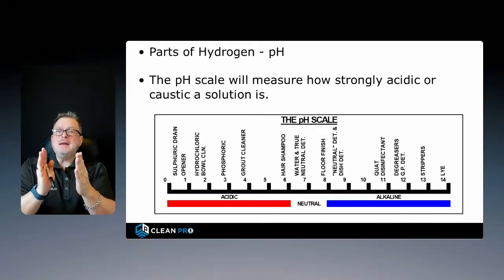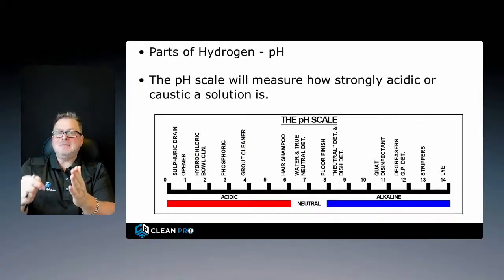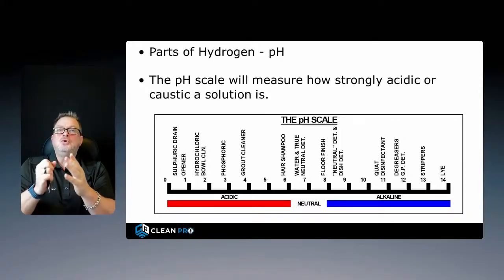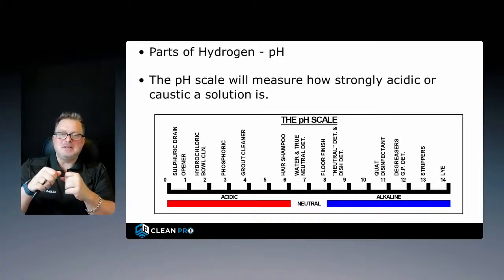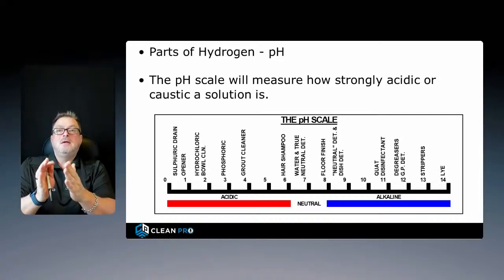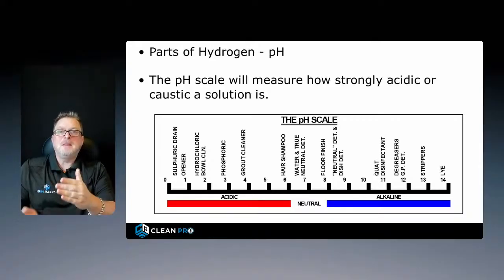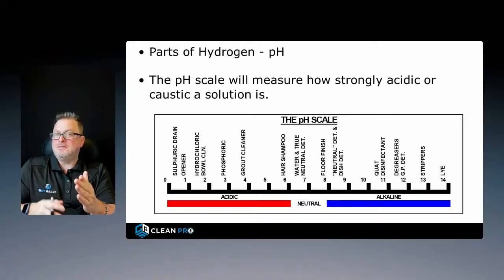You go to 8. Now 8 is 10 times stronger than 7. So think of punching power. Neutral cleaner, 7, has no punching power. It's a light feather punch. The 8 is 10 times stronger, so it's a little stronger. 9 is 100 times stronger than 7.